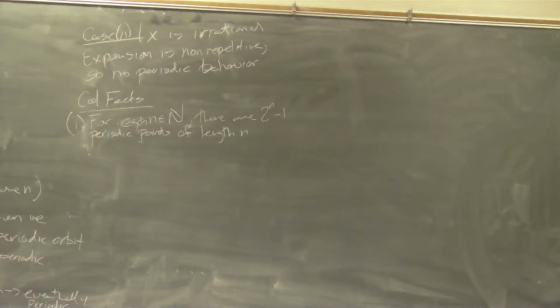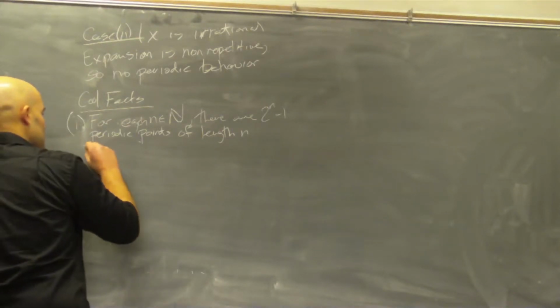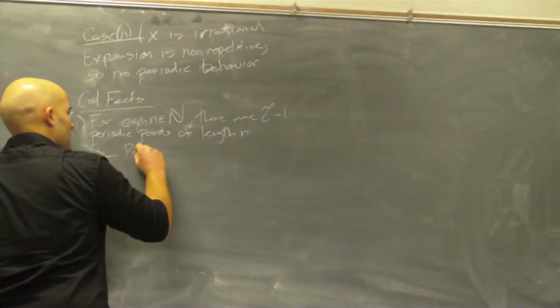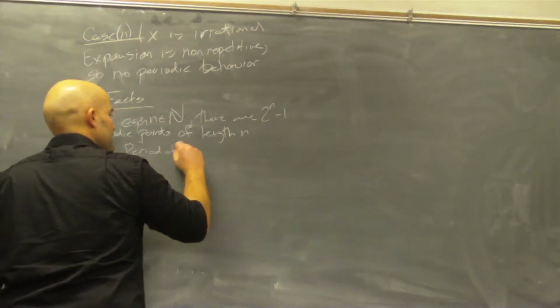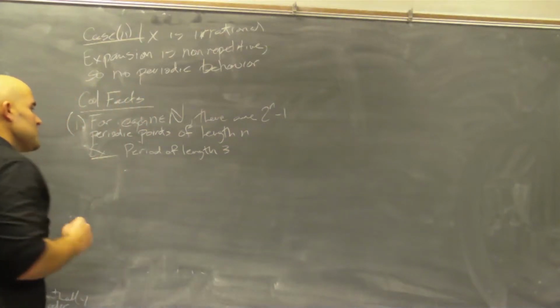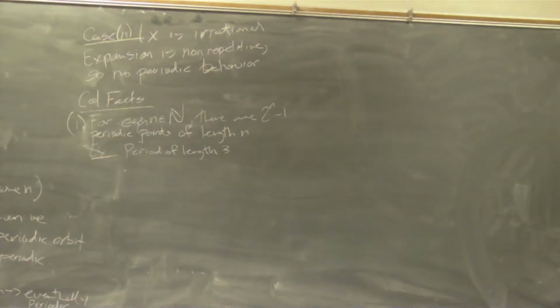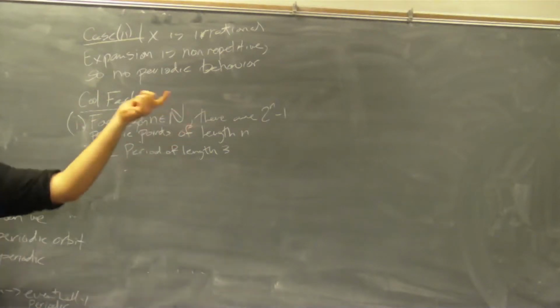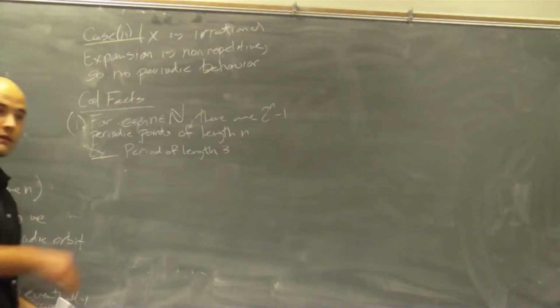If you want to think about intuitively how you can get something like that, it's really a counting argument from statistics or from probability. So for instance, if you want a period of length 3, then just pick whatever you want in the first 3, and then you just have to repeat that as the thing goes on, right?